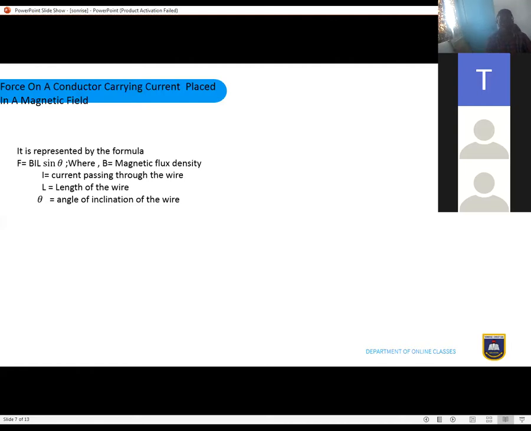That's if you want to calculate the force on a conductor carrying current placed in a magnetic field.